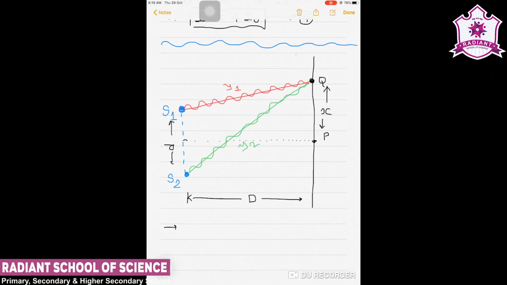It is moving as a wave y1, and it is indicated by a cos omega t.